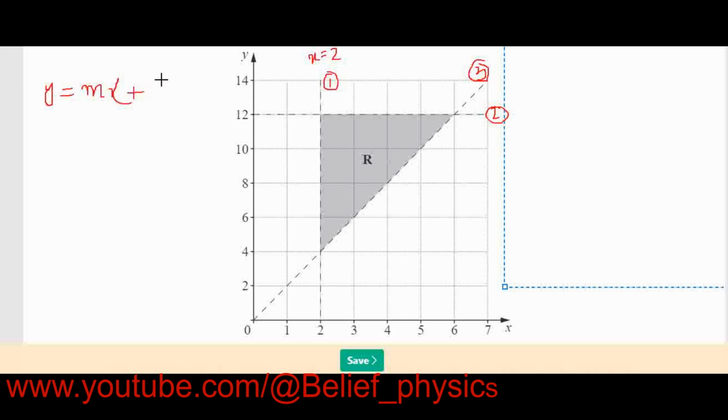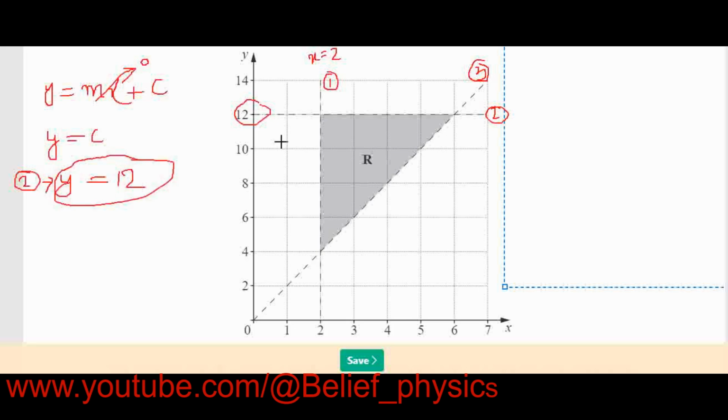Any line parallel to the x-axis has gradient m equal to 0, so the mx term is 0 and we get y equals c. c is the y-intercept, and here it is 12. So the equation of line number 2 is y equals 12.